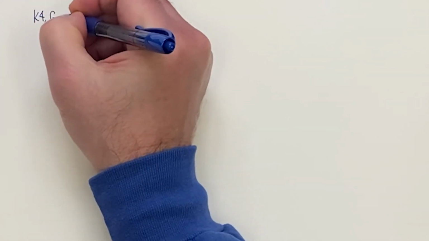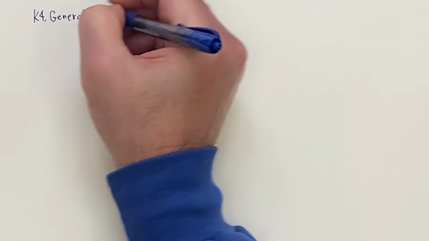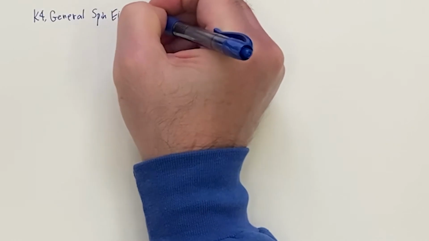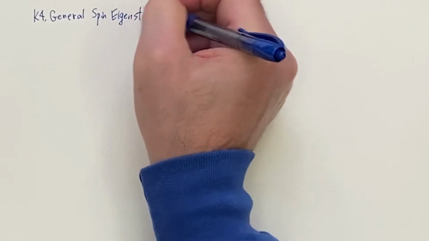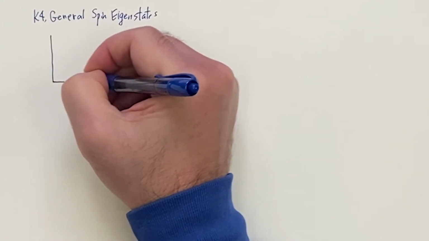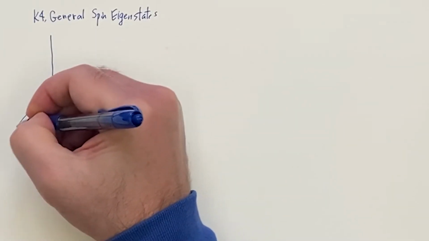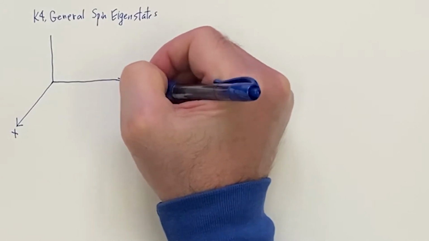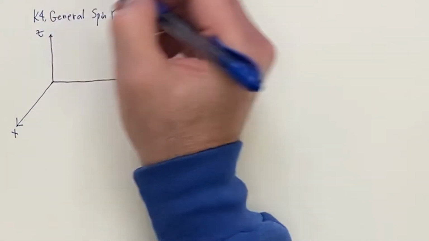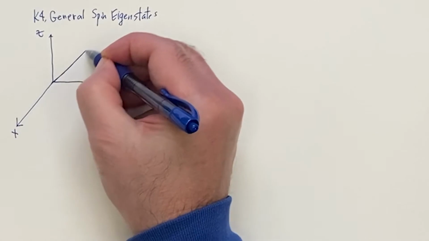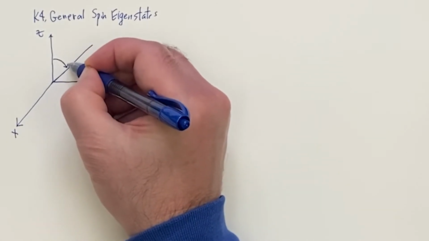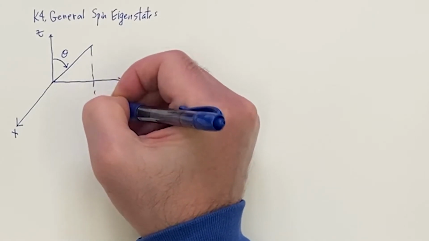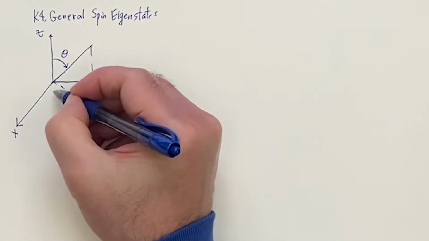General spin eigenstates. What I would like to do now is to consider a coordinate system. Say here is your x-axis, here is your y, here is your z. And you know, this is very popular in physics classes to do the spherical coordinates.